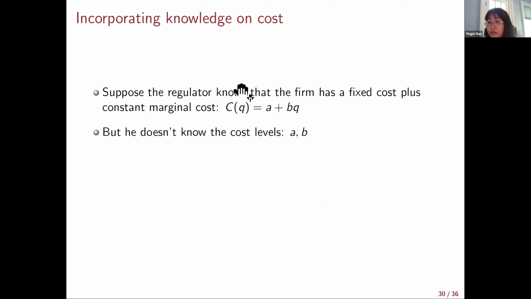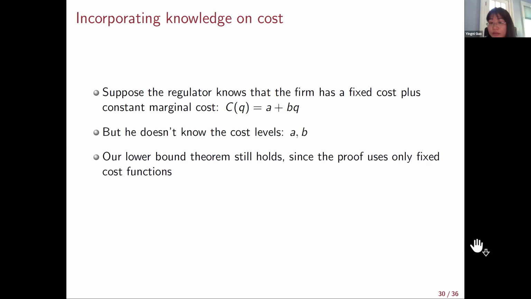However, if this is the knowledge the regulator has, we show that our lower bound theorem still holds, because in that proof, we only use fixed cost functions. So as long as we don't know the level of the fixed cost, even if I know that you only have a fixed cost, I still have that lower bound on my worst case regret. This means that our policy is still optimal, even with this additional information.